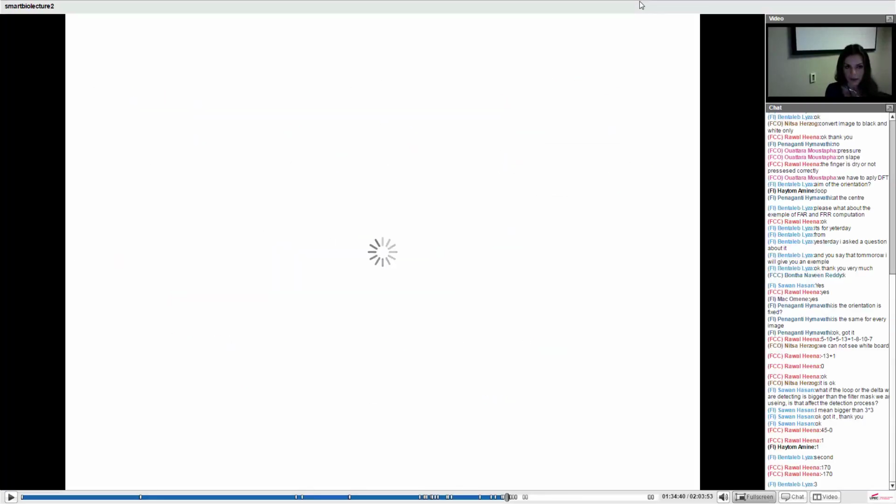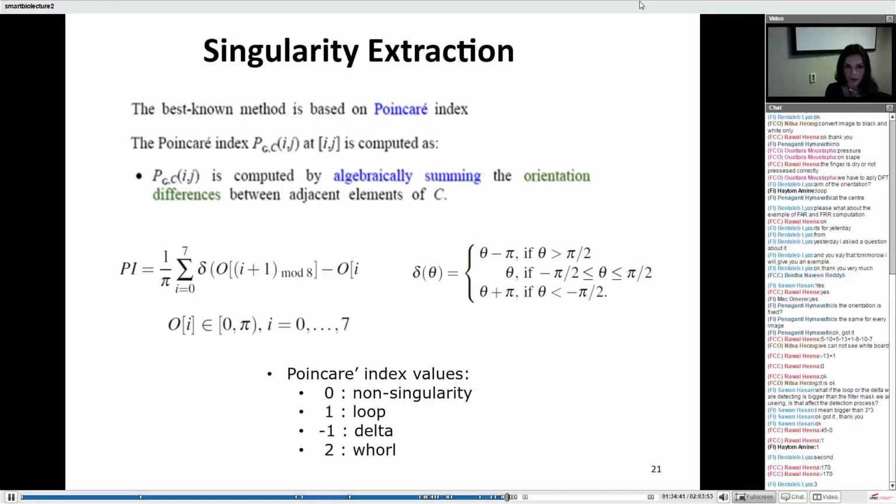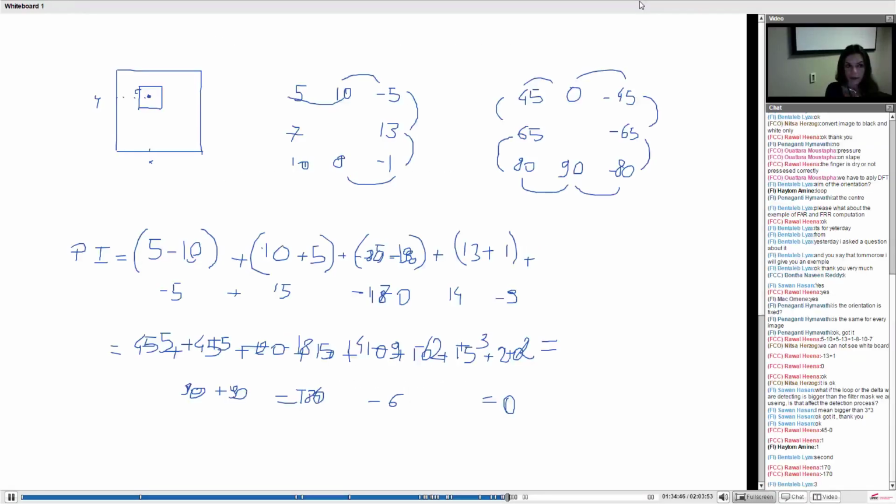If we go back to the formula, this sum should be divided by 180, and then the result will be exactly what we wanted, so 1. And then we verified that in this pixel here, we have a loop.